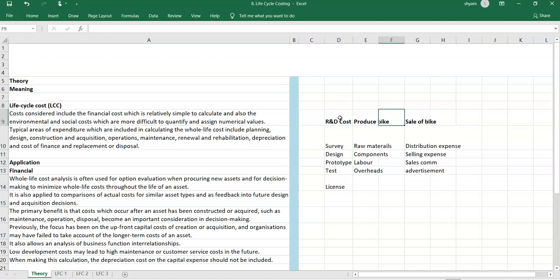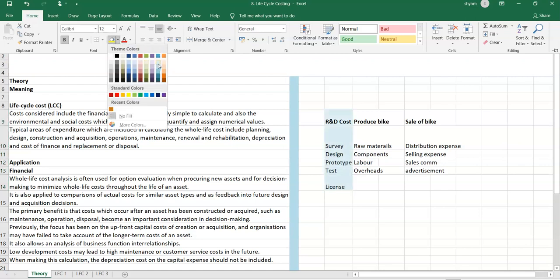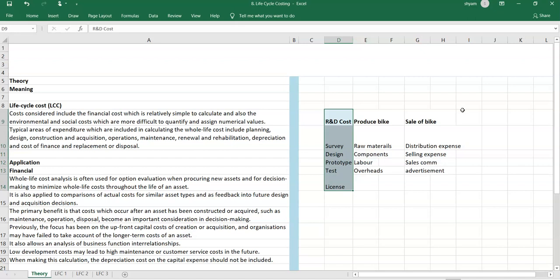So is there any other cost which is involved after the sale of the bike? Usually we don't think of any cost which is after the sale of the bike, but there are some costs which are also incurred. For example, we can take an example of after sale cost.